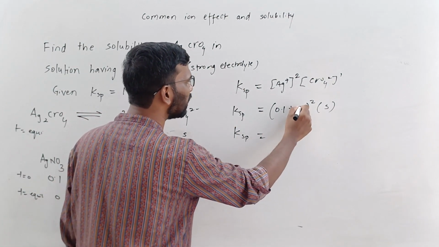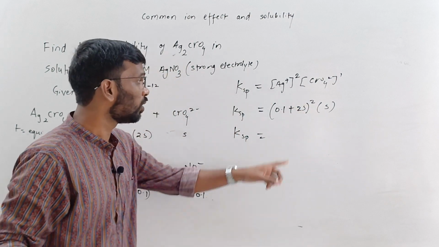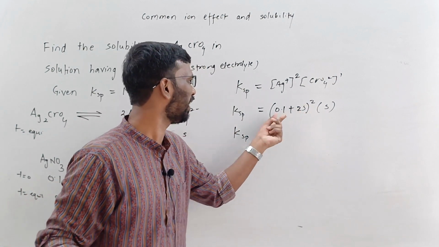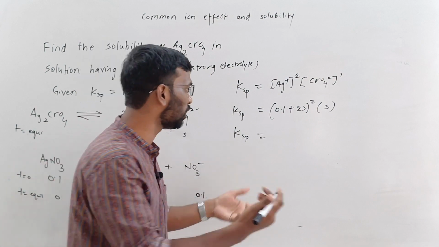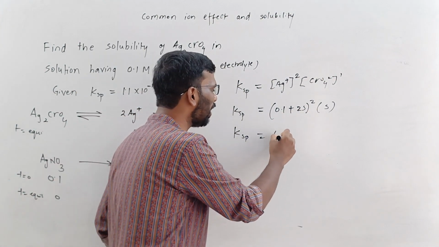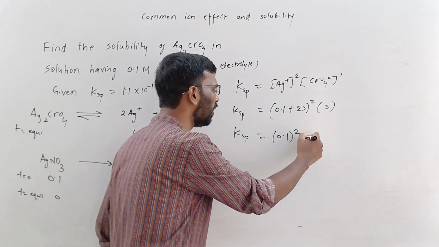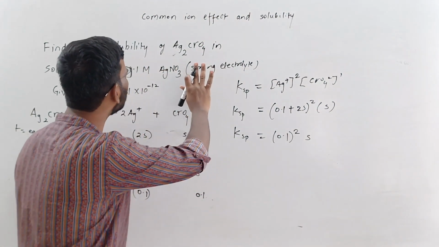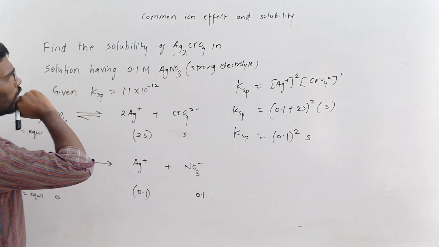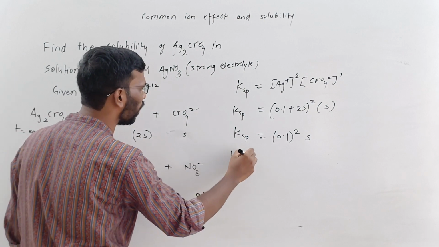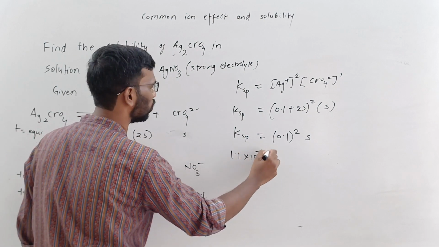This S is very less, sparingly soluble. So I can ignore it in front of 0.1, which is much more than S. So I will write 0.1 raised to 2 and this is S. What is KSP given? KSP is given to be 1.1 into 10 raised to minus 12.